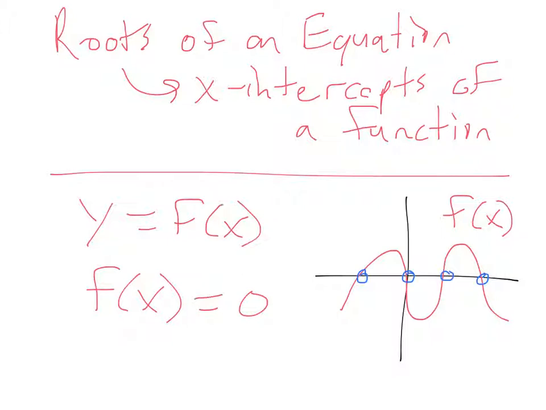So an example of this in action would be, let's go to the next one here. Quadratic function y is equal to 2x squared plus 3x minus 9. And what we're going to do here is we're going to go ahead and graph this.